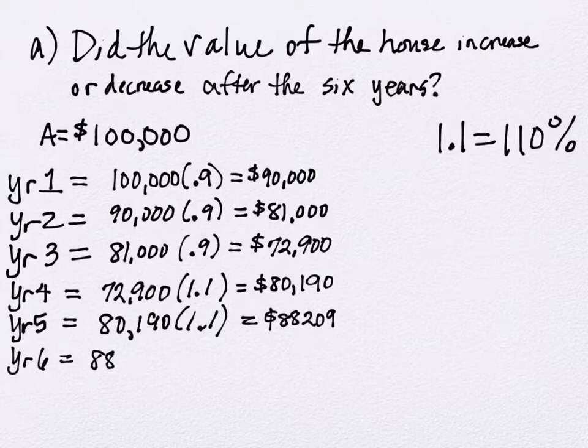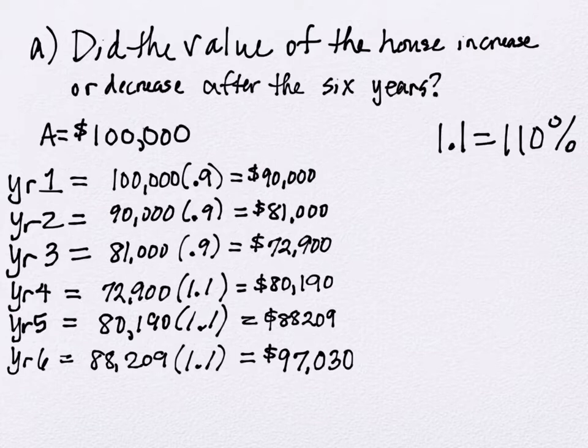I now have 88,209 that I'm multiplying by 1.1. And what do I get? 97,029. Let's just round it to a whole dollar, so let's go to $30 at the end. It's not going to change enough for it to matter beyond that.